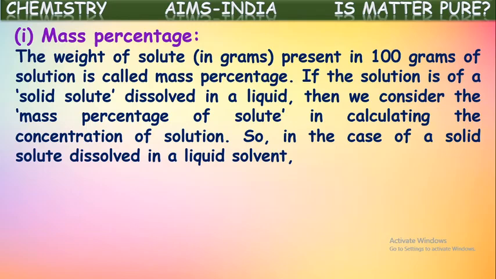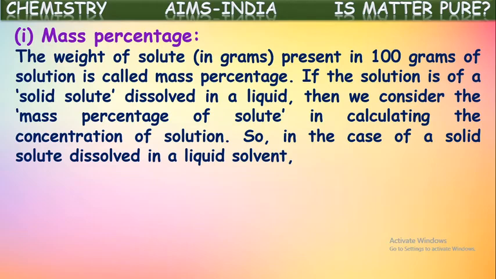For solid substances we can easily take the mass. That is why this mass percentage expression is used to calculate the concentration of solid-liquid solutions, in which the solute is a solid.